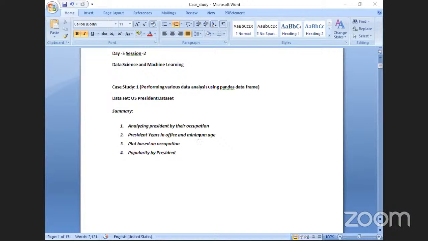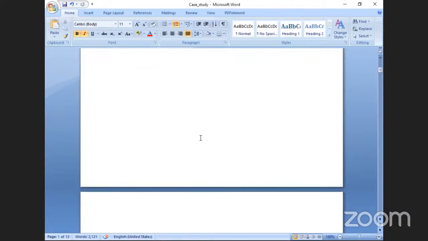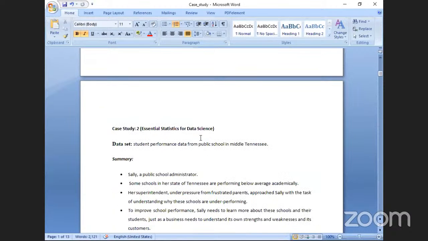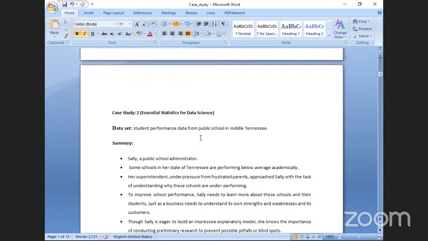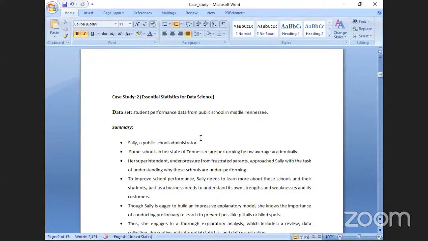Now coming to the second case study. This is the case study that provides you the importance of statistics. For this case study, the data set is from Tennessee, a southeastern part of USA.